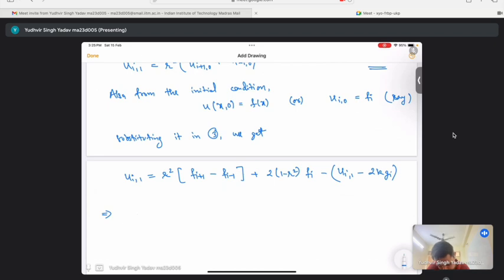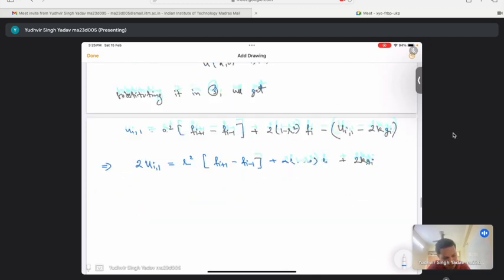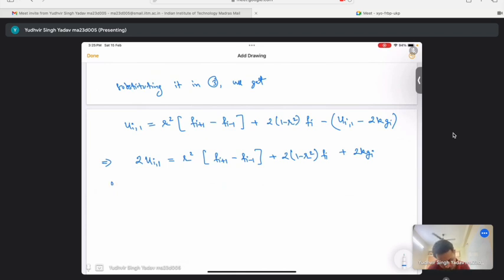So further simplifying it, we will get 2 times u i,1 equals r square f i plus 1 minus f i minus 1, plus 2 times 1 minus r square f i, plus 2 times k g i.